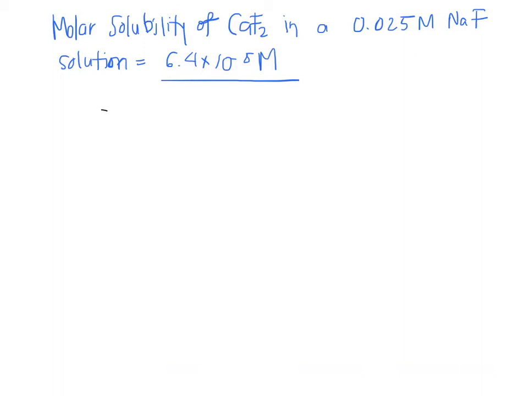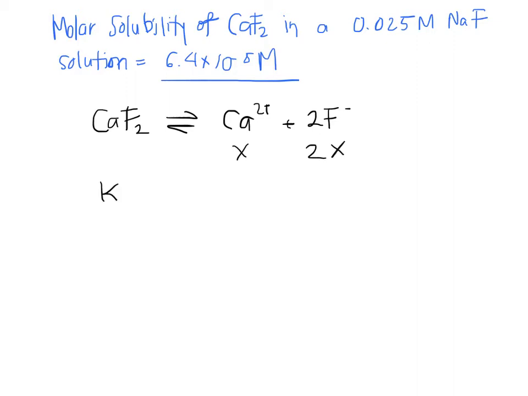We would still do dissociation, CaF2 breaking down to form Ca2 plus and 2F minus. There's my X, this is 2X, and we're going to use the same KSP as previously, which equals the concentration of Ca2 plus times the concentration of F negative, and then we square that because of the coefficient.